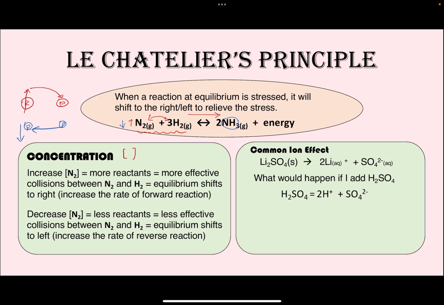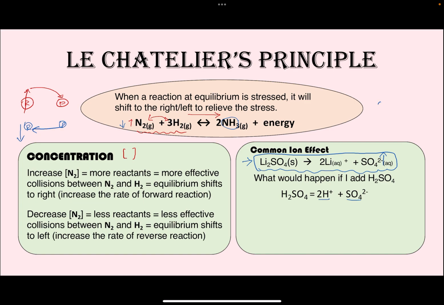Now here's the thing, your sulfuric acid, when it goes in the solution, is going to break down into hydrogen and sulfate. There's no hydrogen in our initial reaction. So after we add sulfuric acid, it's only going to increase the concentration of the sulfate. Yes, we still have that hydrogen in our solution, but that is not going to impact this reaction.